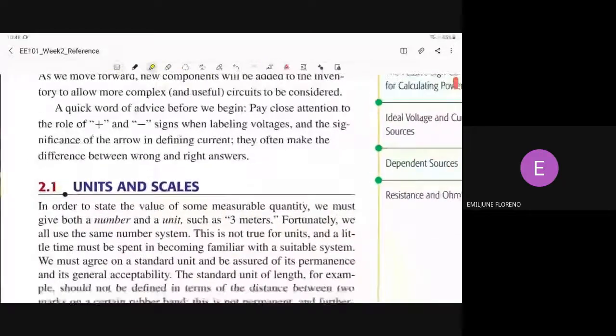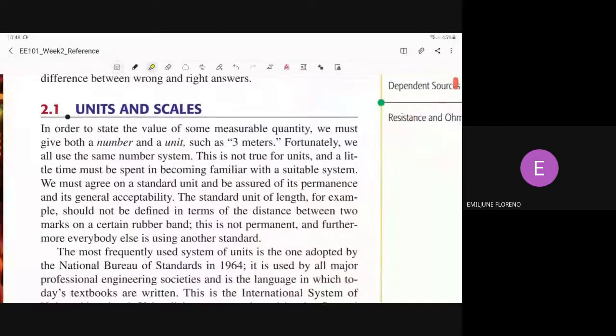Okay. So I think we don't really have to discuss more into the units and scales, since these are very elementary. We have been dealing with units and scales from our basic physics, chemistry, and mathematics.